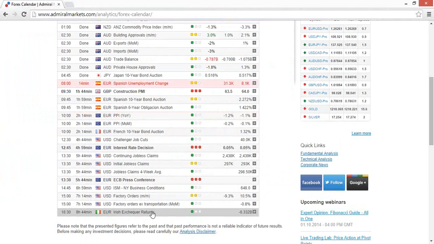Now, my personal rule of thumb, purely simple, is that if there is an interest rate decision for a currency pair, or currency I should say, then I would not trade that currency. So I'm going to, of course, stick to that rule, and therefore I'm not trading the euro today.